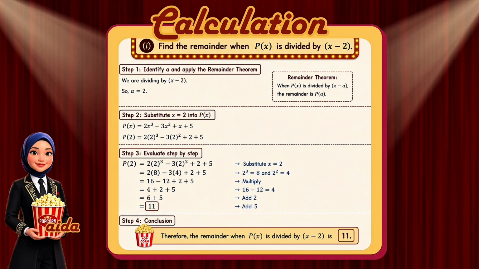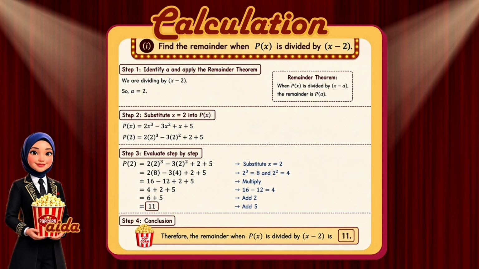For the calculation, first, identify a and apply the remainder theorem. For the remainder theorem, when p(x) is divided by x minus a, the remainder is p(a). So we are dividing by x minus 2, so our a is 2. Step 2, substitute x equal to 2 into p(x).